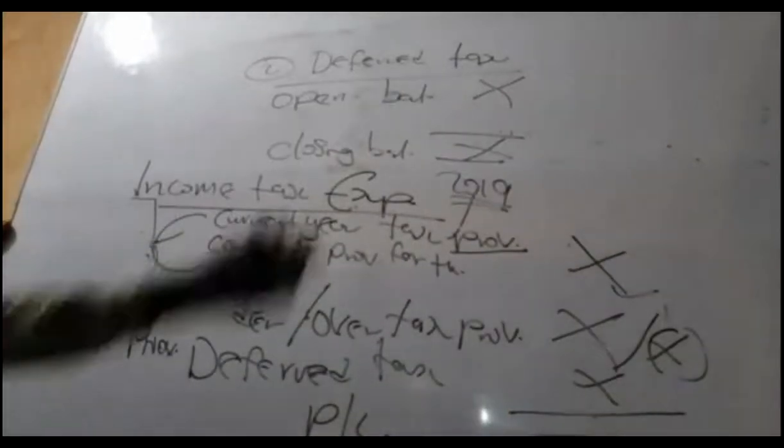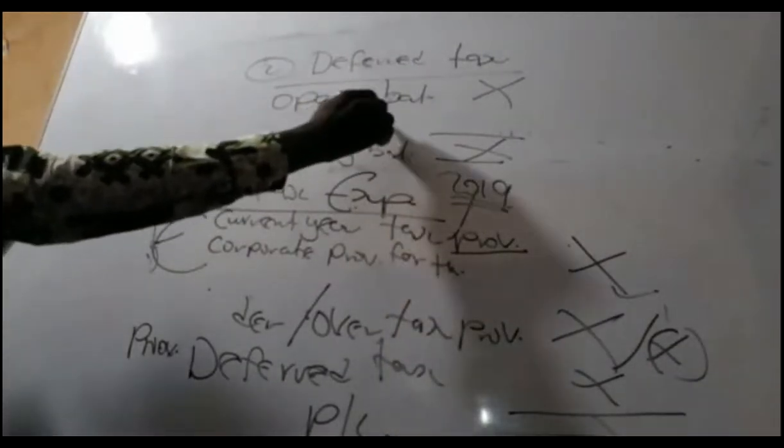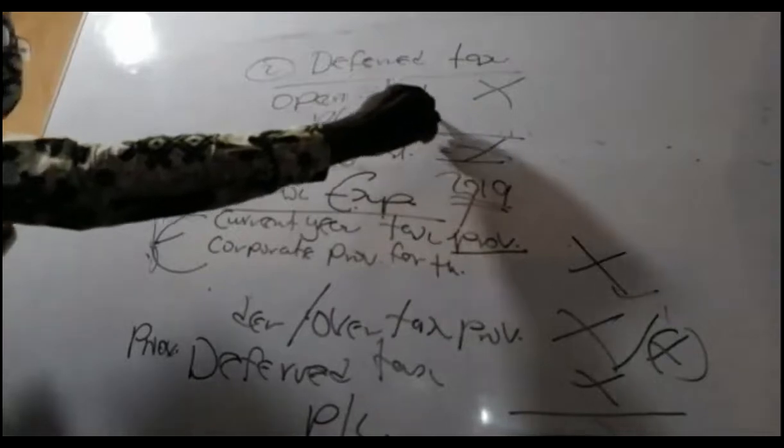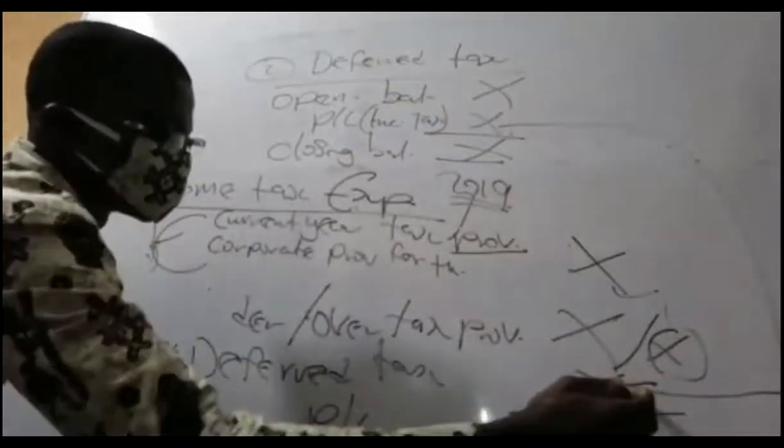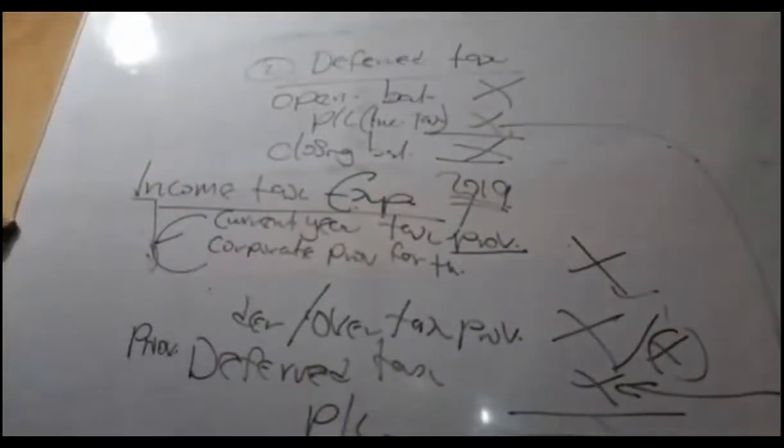If this is not equal to this, the movement is what we call P&L, the income tax expense. This figure is the one that we are going to record there as the deferred tax movement. And that's the end of the game. Good.